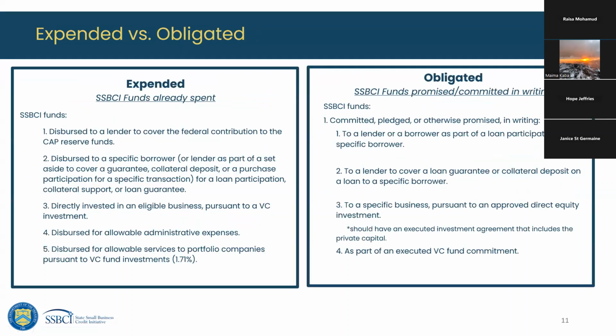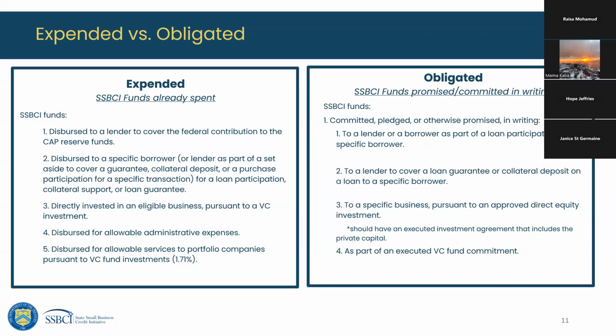Okay, so let's go into E and O. So for expended, for transactions to be considered expended, SSBCI funds must be disbursed to a specific eligible borrower or lender as part of a set aside to cover a loan guarantee, collateral deposit, or purchase participation for a specific transaction that has closed. For VC equity transactions, SSBCI funds must be directly invested in a specific business.